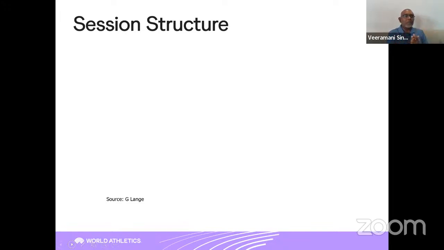From there, the trickle-down effect is what we call the mesocycle. Then we have a microcycle, and within a microcycle we'll have sessions, and of course units will be part of that. So this is how the structure will look.